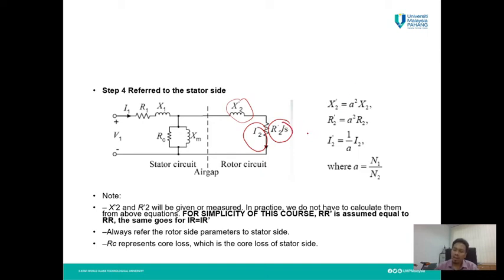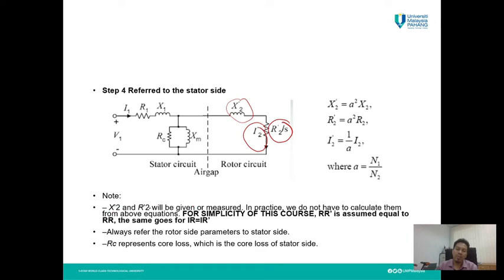However, in the induction machine analysis, we do not consider this, because we assume that the referred value is equal to the actual. X2 prime and R2 prime will be given or measured.